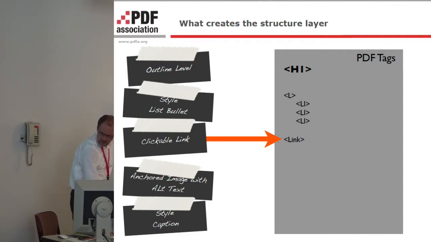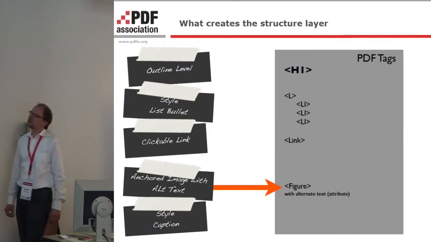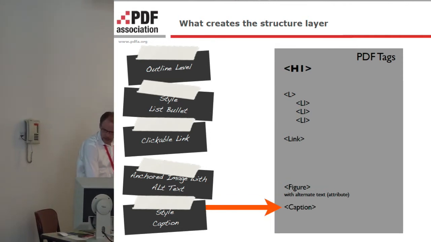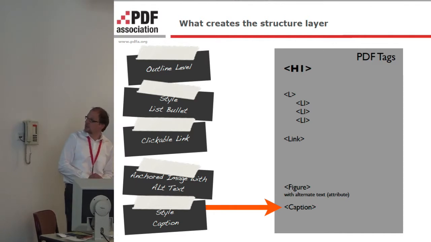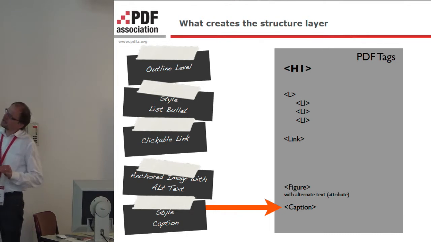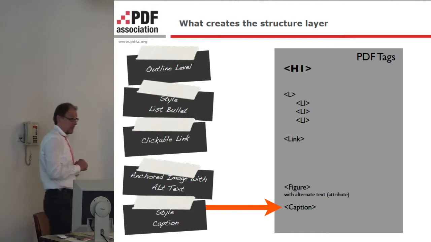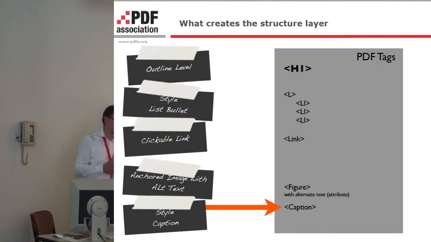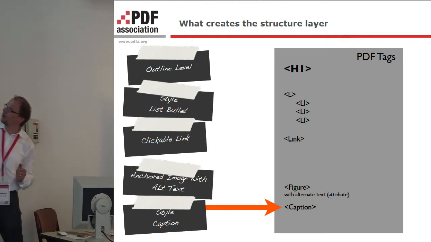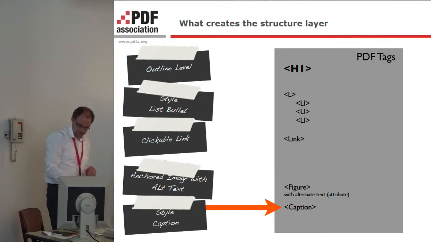The clickable link will become a link tag, and the anchored image will become a figure tag with the alternate text as an attribute, and the style caption will become a caption tag. It looks very nice, but this is not possible with Word itself. You need a conversion tool which supports the export from all the styles to the according tags.